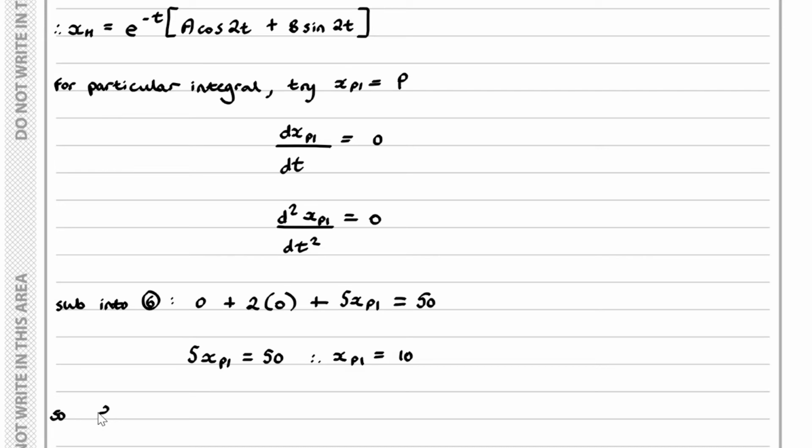So the general solution of x, that's going to be the sum of the homogeneous equation plus the particular integral.